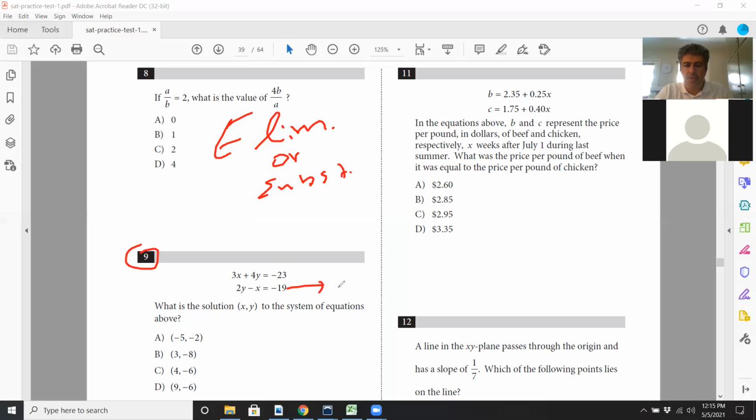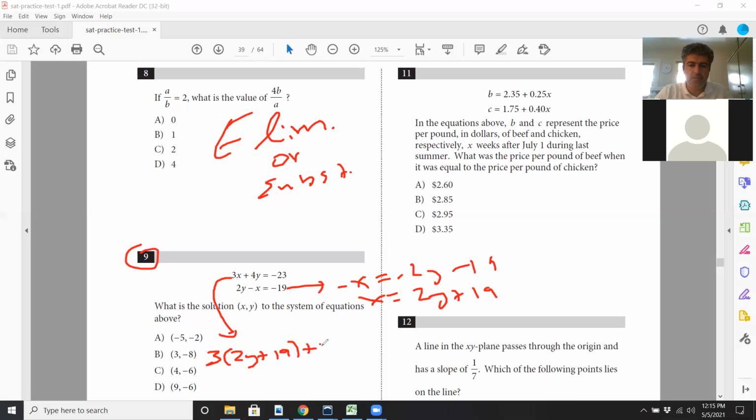Like if I do substitution, I can isolate x here and divide by -1. Okay. Let's substitute into the equation. You just work it out.